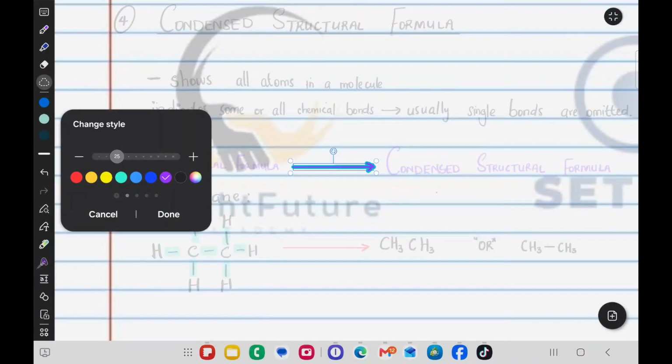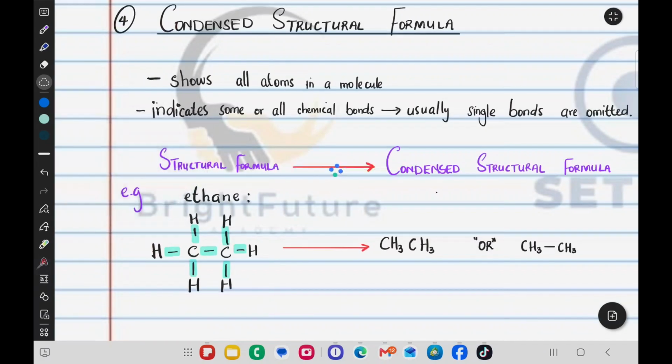So what happens as well is you can also be given the condensed version, and then you have to translate it back to a structural formula, so it can go both ways. All right, so that's what it would look like.